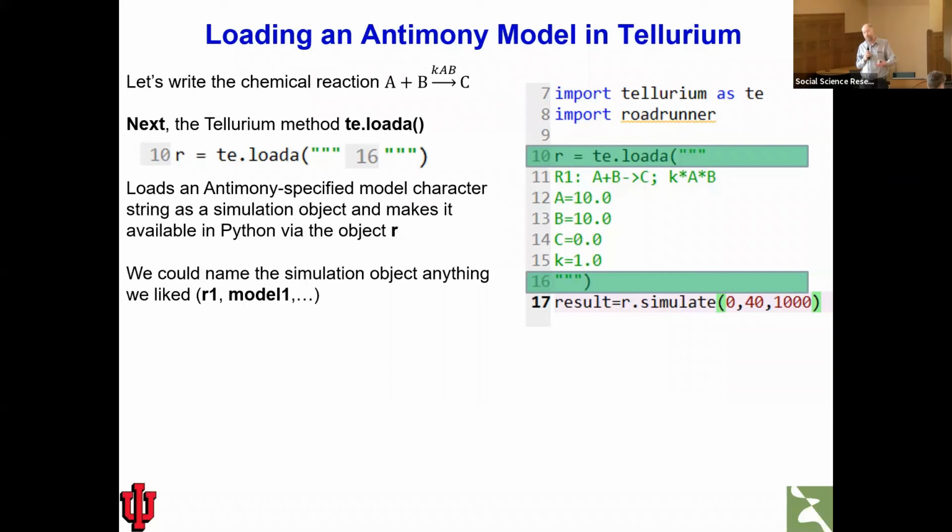The string is just a string. Again, the good news is that Antimony syntax is so simple that generally you won't make syntax errors. And the names of things are up to you. In other words, we're calling this model R, but you could call it hello or my model or something else. All right?